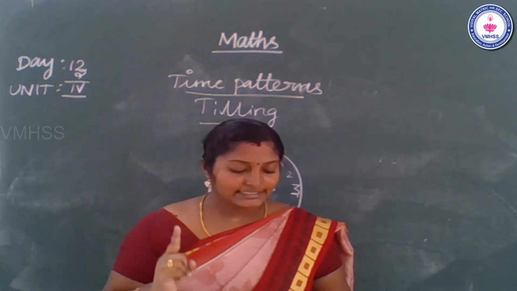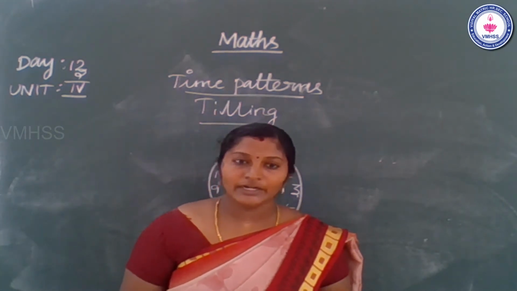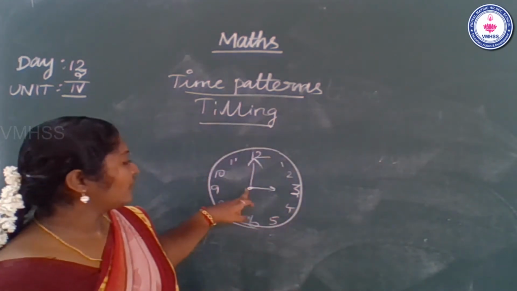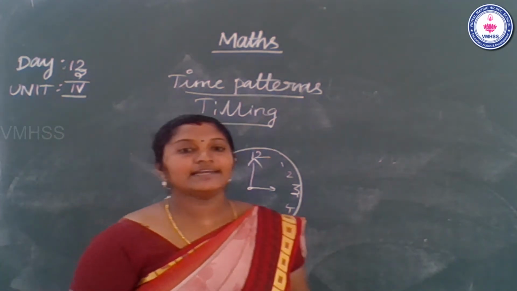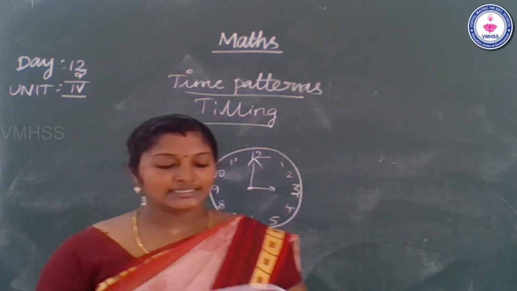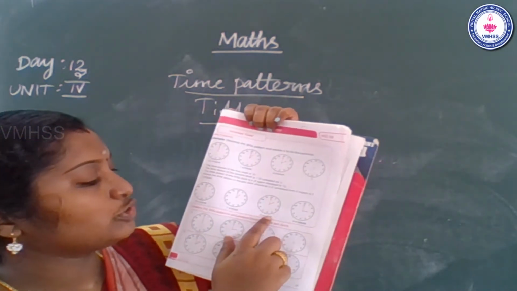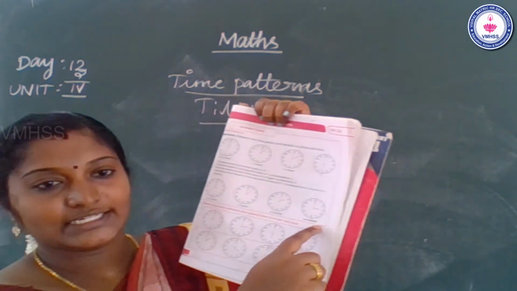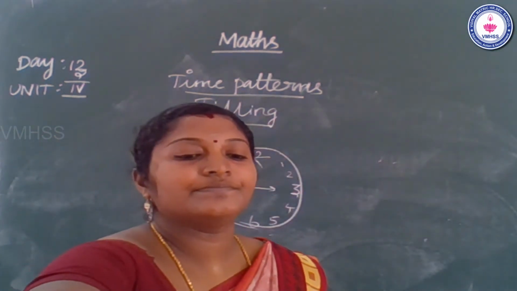Hence the time shown in the last clock should be 3. Okay, do you understand? So now we draw a clock at 3 o'clock. Students, see the next one: 12 o'clock, 1 o'clock, 2 o'clock and 3 o'clock. That is the correct answer. Listen carefully.